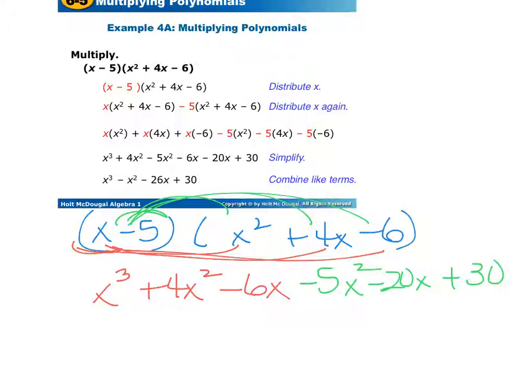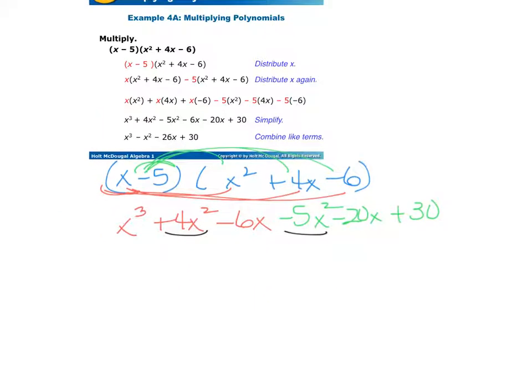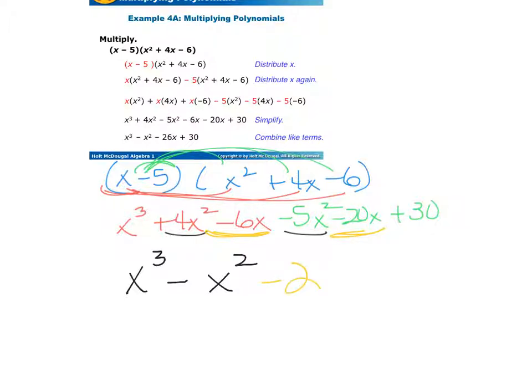I've got some x squareds that I can group, so I'm going to group this one and this one. Let me start by writing my x to the third power. Then my x², because 4 minus 5 is negative 1. And then now I'm going to group my x's: negative 6 and negative 20 gives me negative 26x, and nothing to group with the 30. And that will be your final answer.